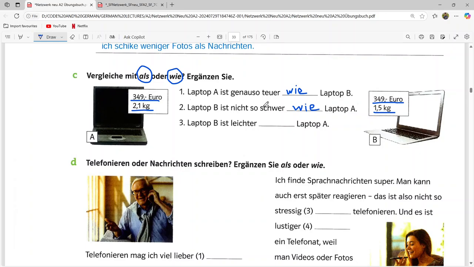So not so heavy as laptop A. So for this reason we use wie here.